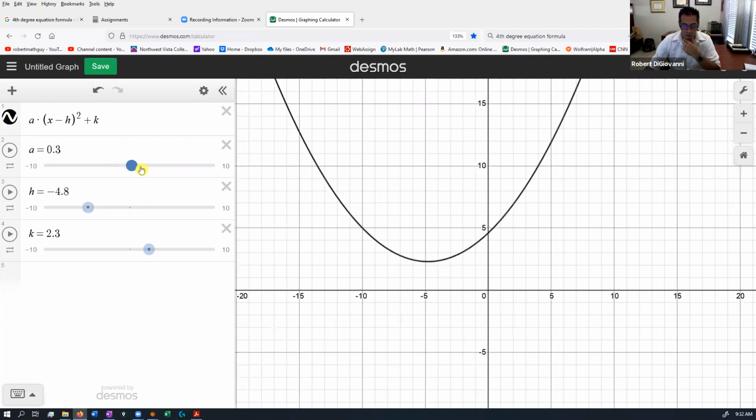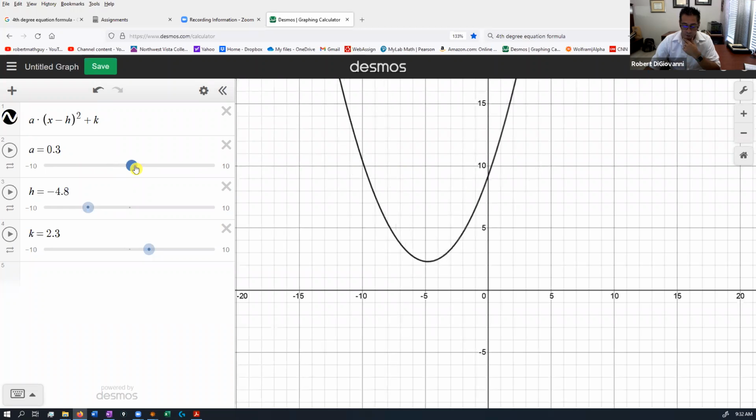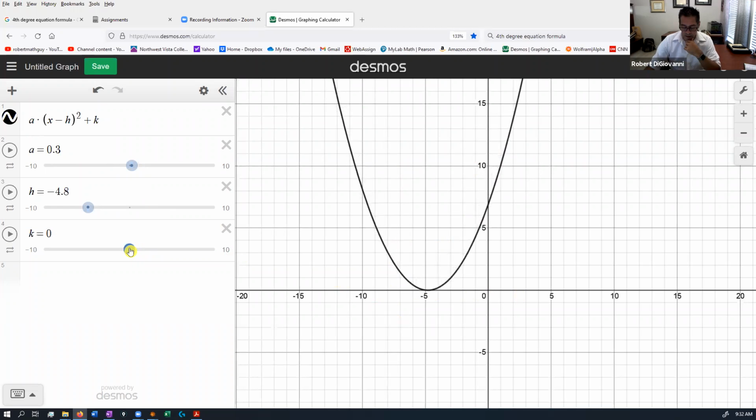So we talked about that when you have a parabola, it could be possible that it never touches the x-axis, like this example right here. So here we have no x-intercepts at all. Or if you moved it just right, it could touch the x-axis at exactly one point, so we would have one x-intercept.